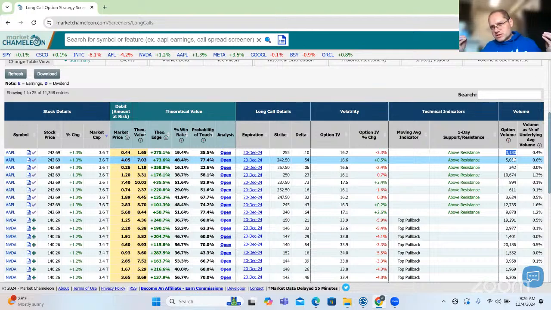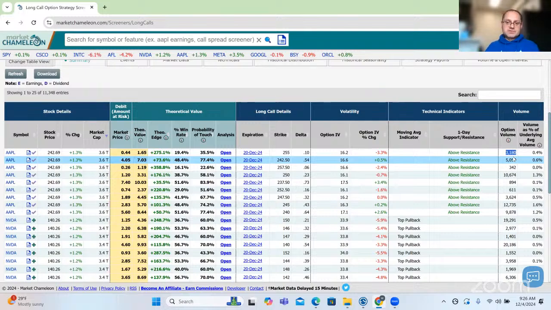So that's the option volume in this particular option contract. If we're looking for relative volume, we might be looking for a lot of volume in a particular contract on a relative basis. We could take the average daily volume in Apple's options.